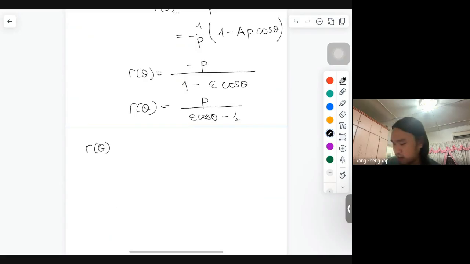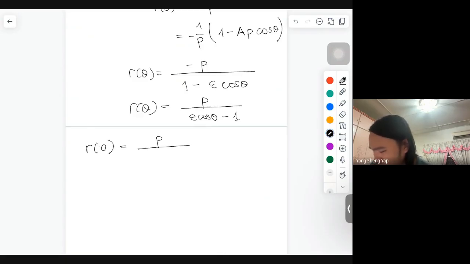Yeah, okay. So r of theta, for theta equals 0, this is equal to epsilon minus 1.